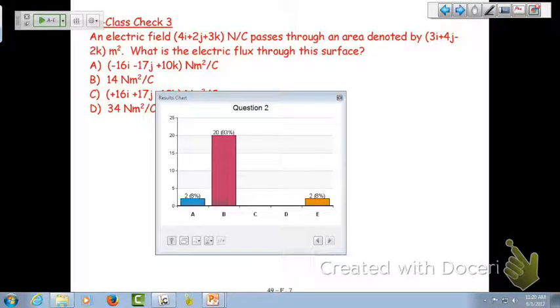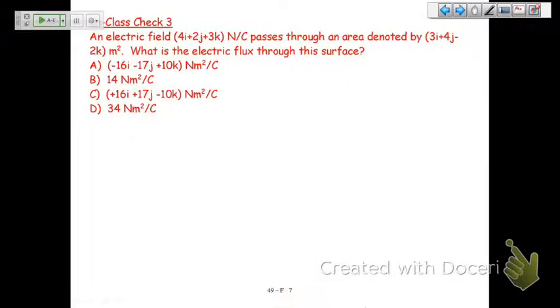Mainly B. Let's have a look. Even though it is a three-dimensional thing, and I'm not going to try and draw it precisely, I'm just going to imagine it. There's my area.